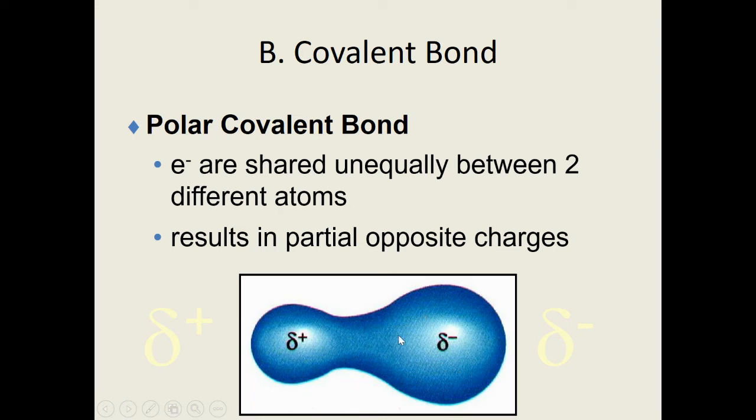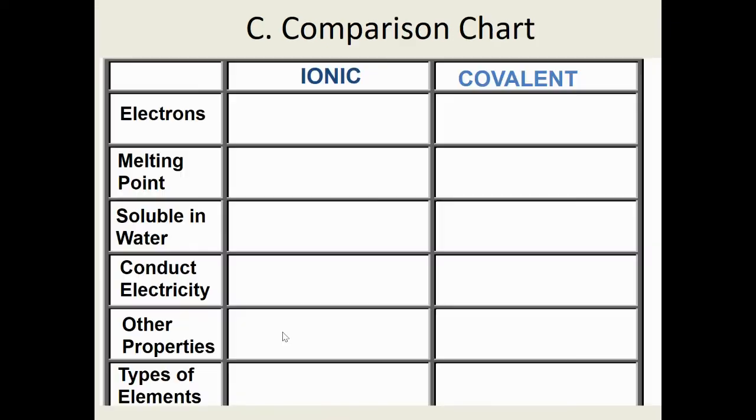The electrons are spending more time here, and electrons are negative, so this region of the molecule takes on a partial negative charge. The electrons spend less time here, so it takes on a partial positive charge. That's going to become very crucial when we begin talking about intermolecular forces later on in this unit.